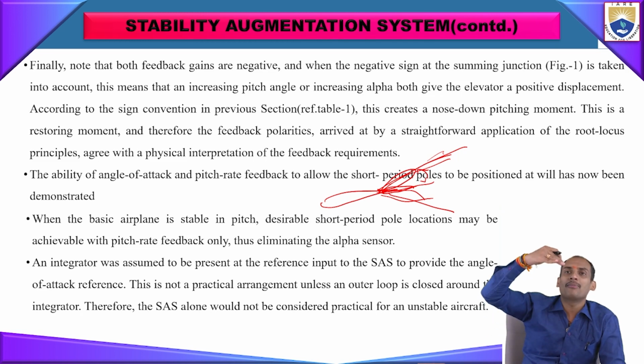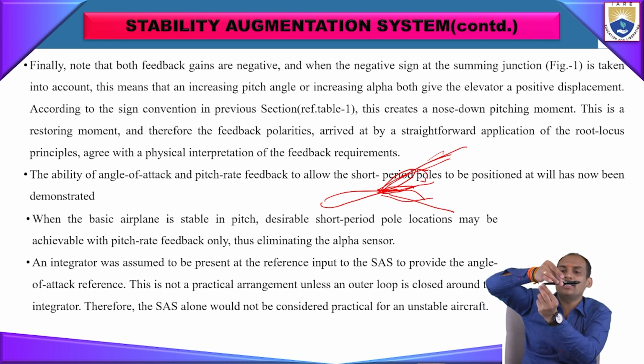That means when the elevator is up, due to the feedback signal it will go down. When it is going down, the nose down pitching moment will occur, and then in a stable condition, I mean a cruise condition, it will go like that.